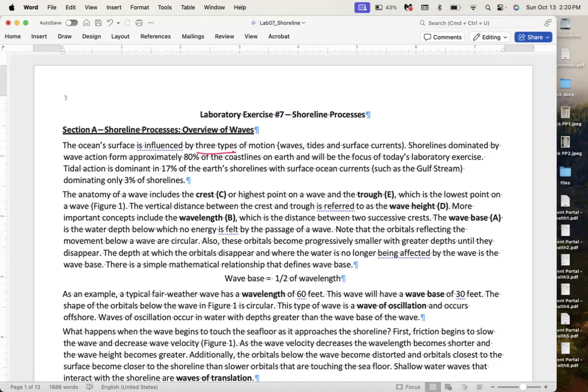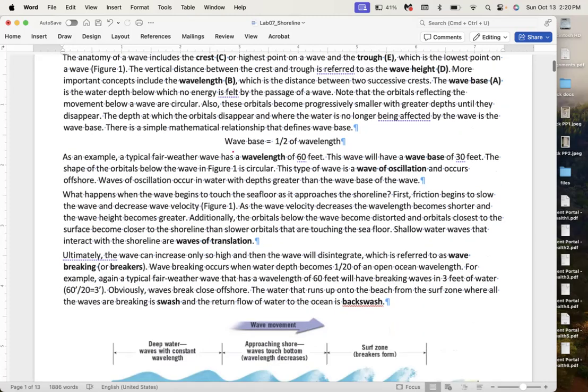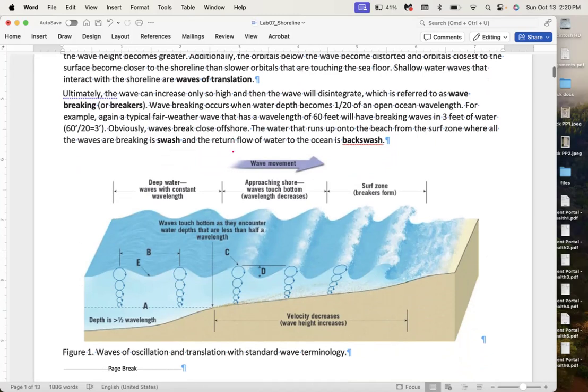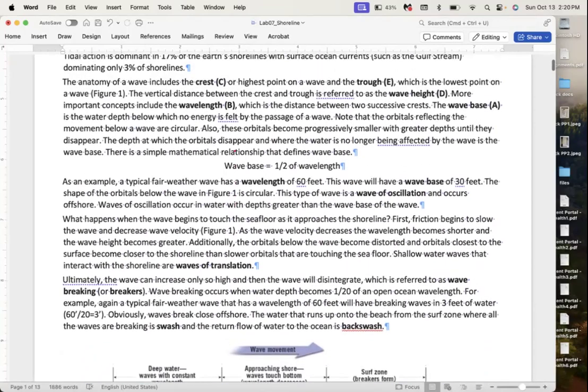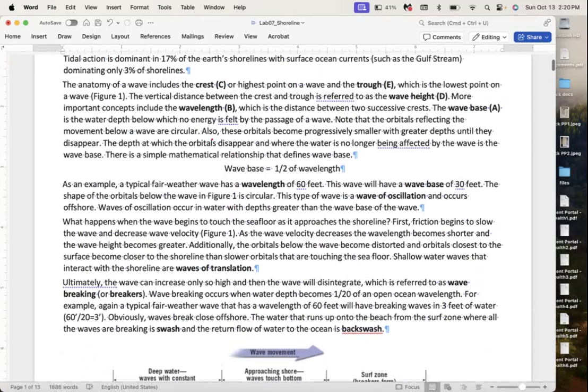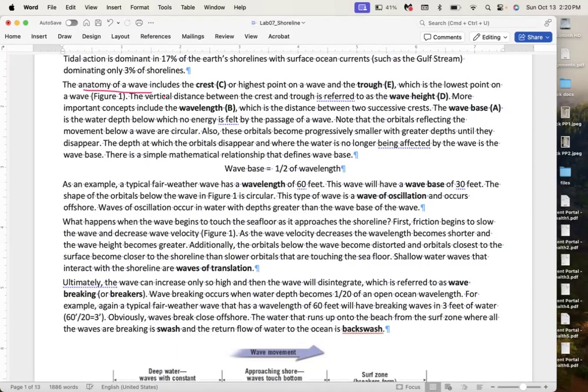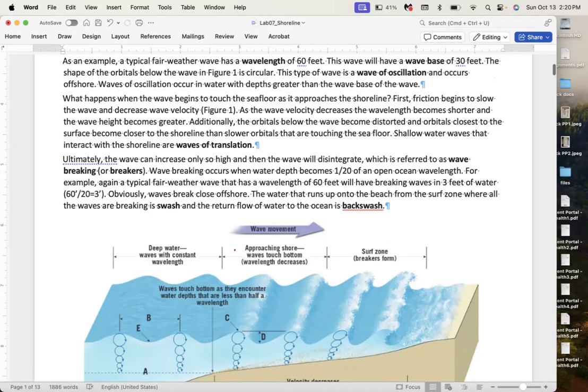So in order to understand how waves work, I have included a diagram here that has all of the A, B, C through E, which are discussed up here. And you'll want to look at that. This is called the anatomy of a wave. It includes things like the crest here, and the wavelength here.